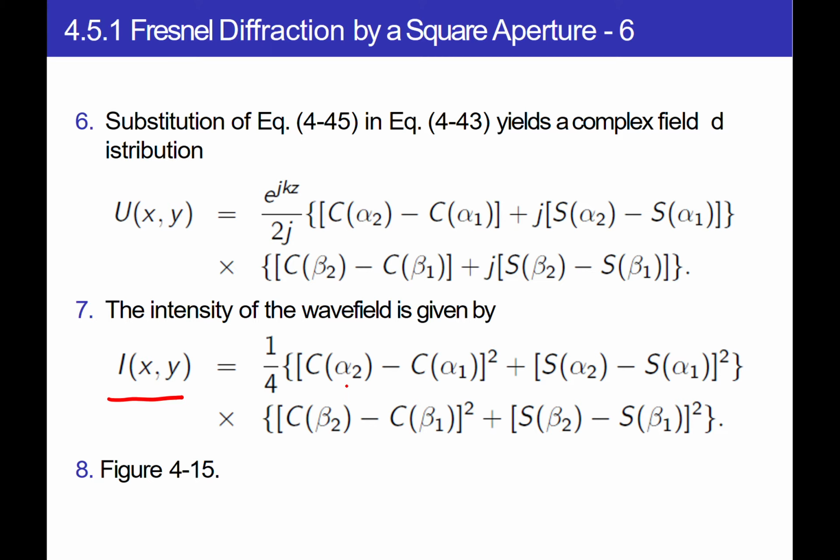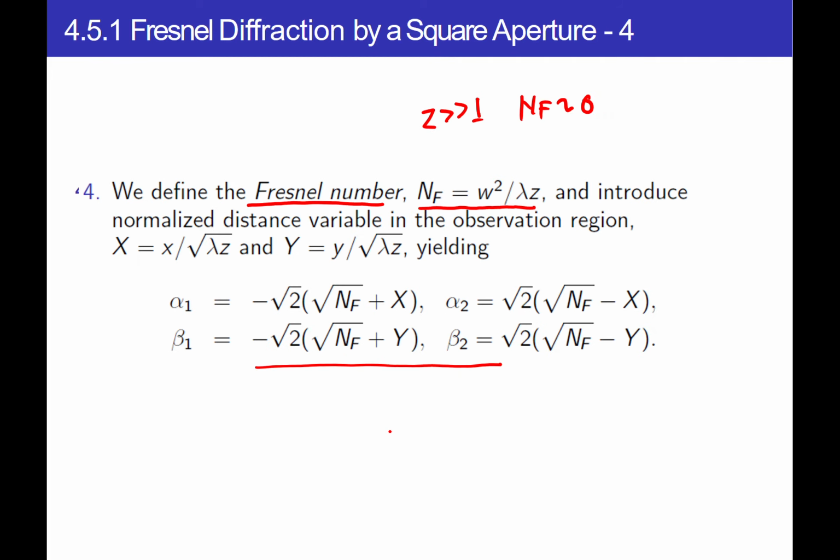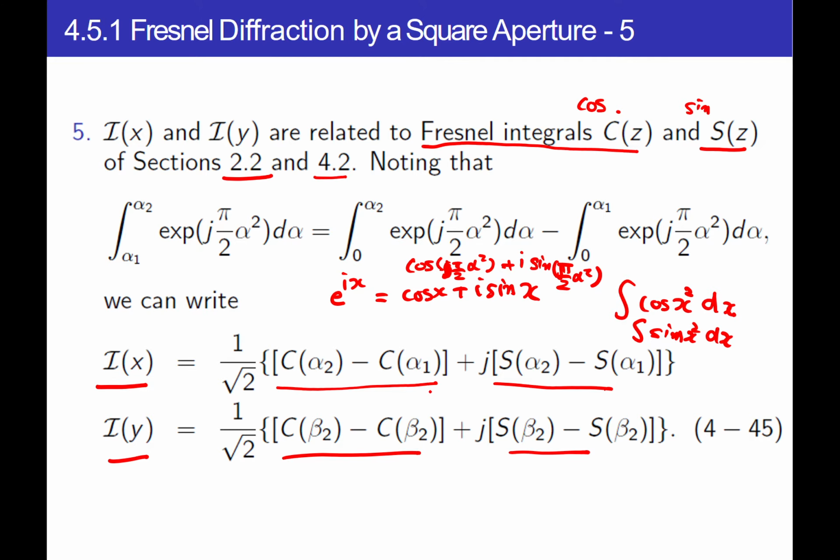So if you go by alpha 1, alpha 2, beta 1, beta 2, all of them actually depend upon NF and capital X and capital Y, which all depend on z. So alpha 1 is a function of z, alpha 2 is a function of z, beta 1 is a function of z, as well as beta 2 is a function of z. So everything is a function of z. So that is important.